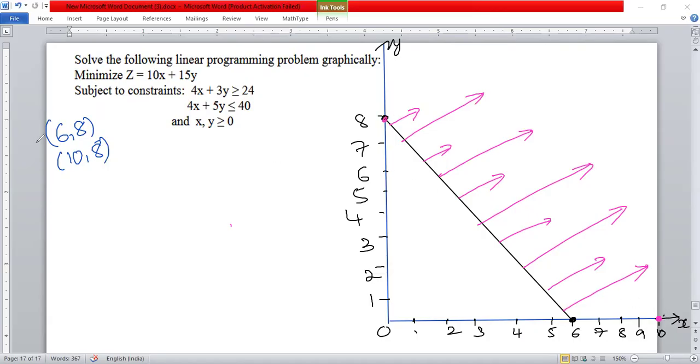This is 8. So let me mark 10 comma 8. Okay. So that is lesser than or equal to, so means inside the function. Lesser than or equal to means inside the function.